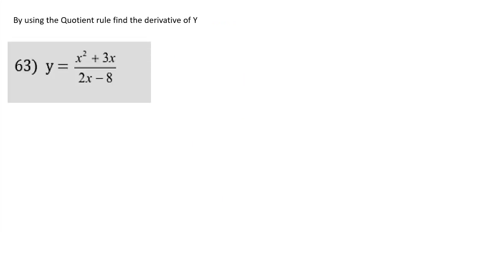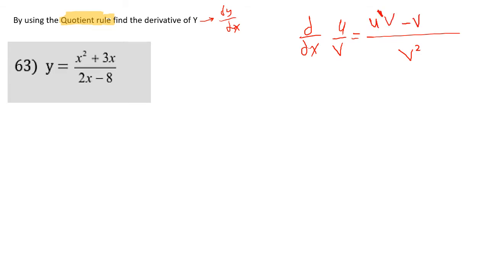By using the quotient rule, find the derivative of y, dy by dx. We know that the rule for the division or the quotient rule is (u dash v minus v dash u) over v squared. So I assume that u is x squared plus 3x, the numerator, and v is the denominator, which is 2x minus 8.